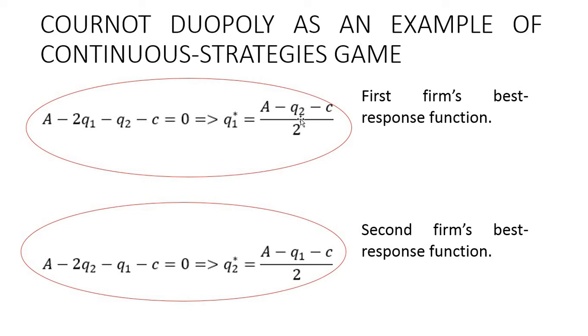And this function will literally tell you how many units the first firm should produce constrained to any quantity produced by the second firm in order to maximize its profit. So it's like best response of the first firm depending on the quantity produced by the second firm. Analogously, we calculate best response function for the second firm. Of course, in this case, we detect optimal quantity produced by the second firm depending on any quantity produced by the first firm.